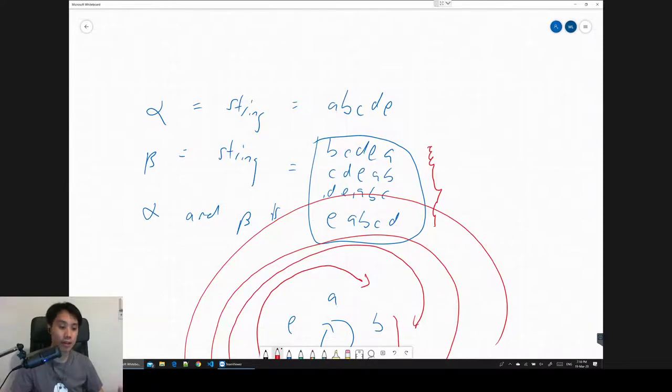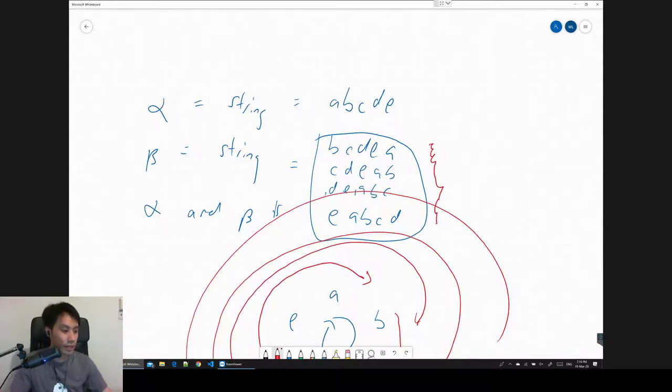If they don't match, it's not circular. With all different letters it's very easy. For example, A, B, C, D, E: B and A are not the same, then B and B are the same, C and C, D and D, E and A, and so on.